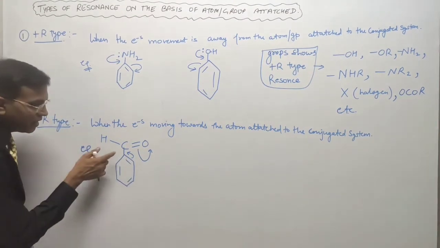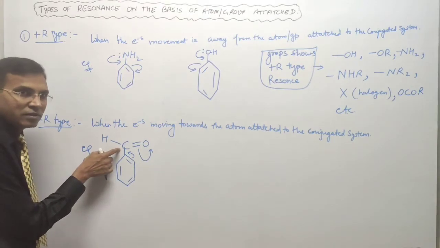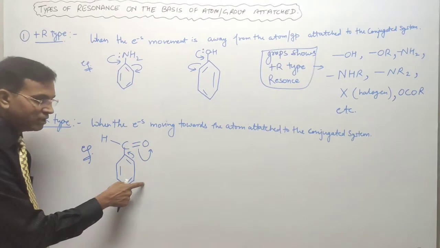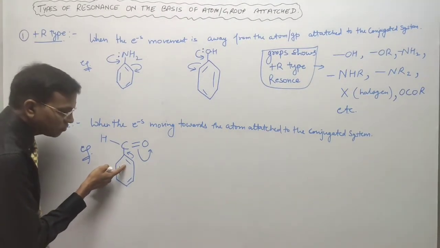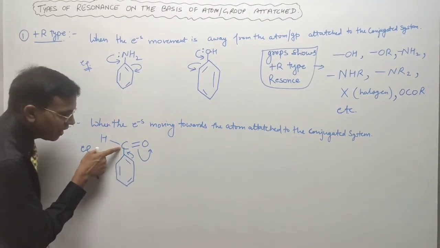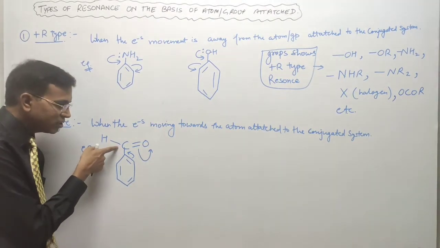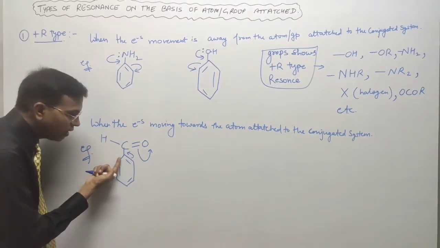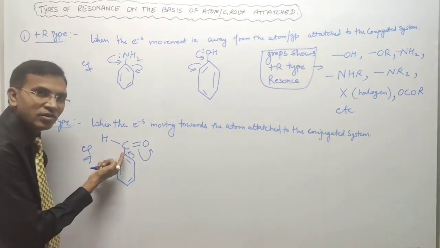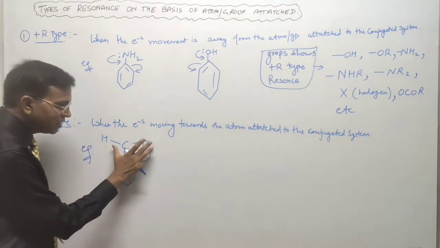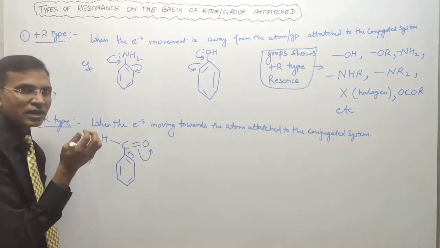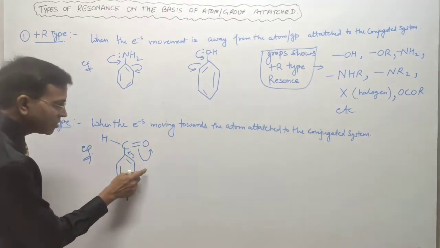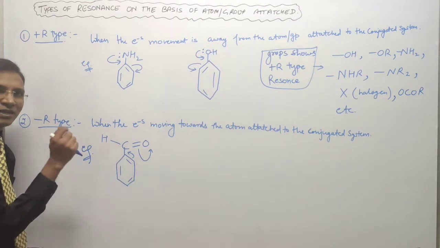The atom attached is this carbon. This carbon is the atom attached to the conjugated system, the benzene. So the pi electrons are moving towards the atom attached to the conjugated system. That means this group, CHO, withdraws the electrons from the conjugated system towards itself.